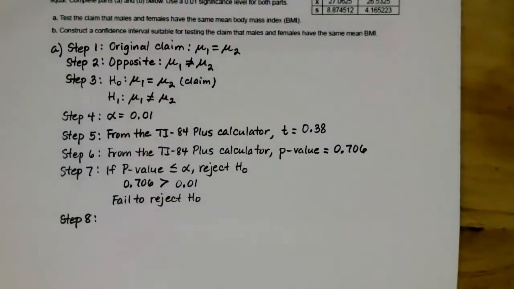So now our decision rule is this. The claim is the null hypothesis, but we fail to reject the null hypothesis. So that means that there will not be sufficient evidence to reject the claim.